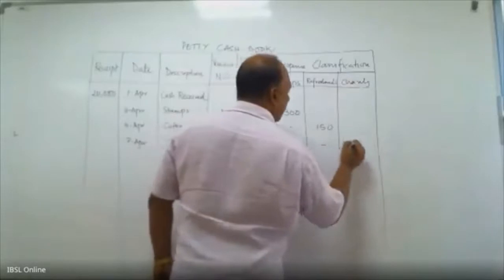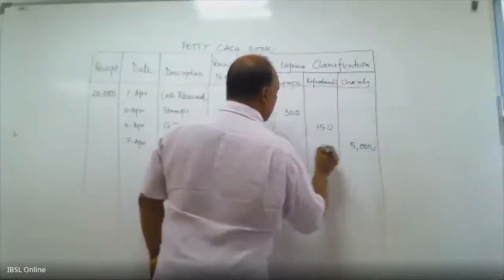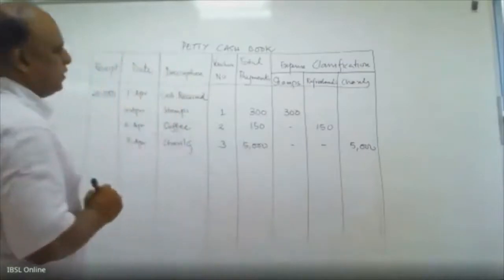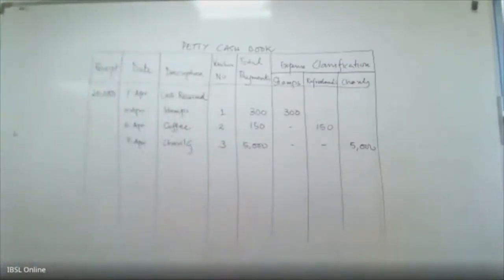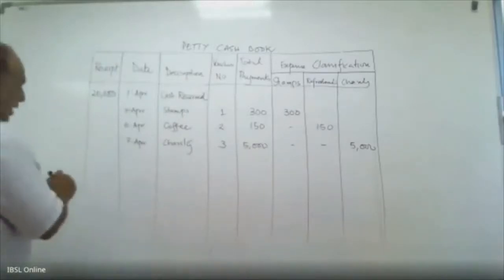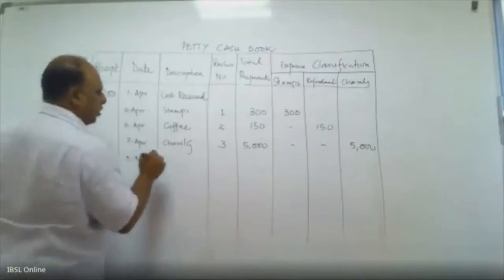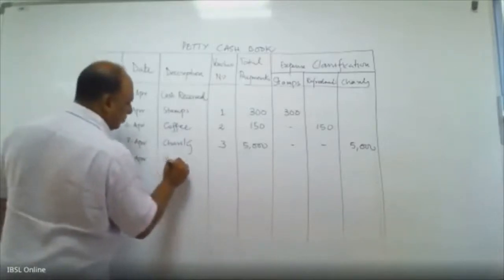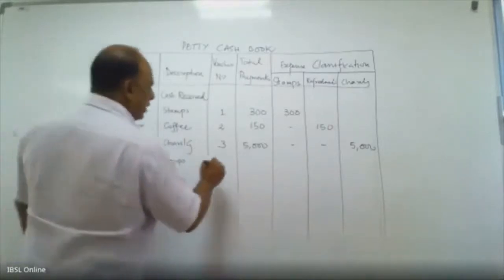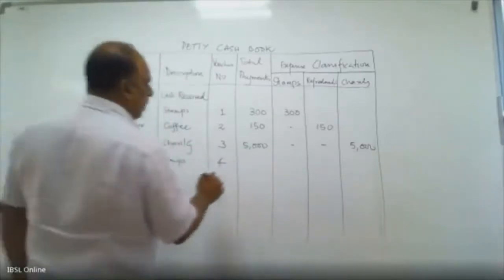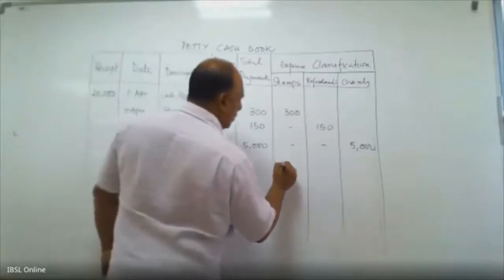So charity will be 5,000. And the last transaction, 8th of April, again you have purchased some stamps, I think for your stocks. That is voucher number 4, and you have paid 1,800.